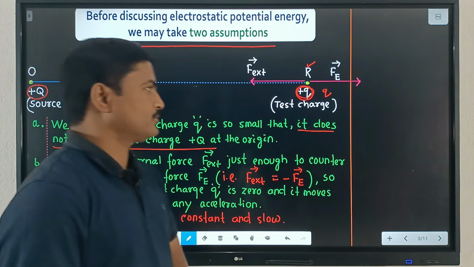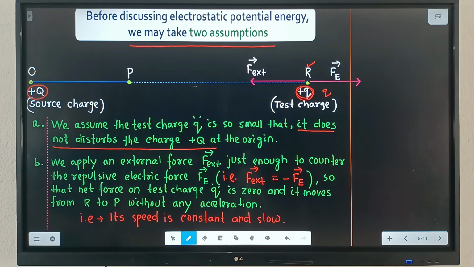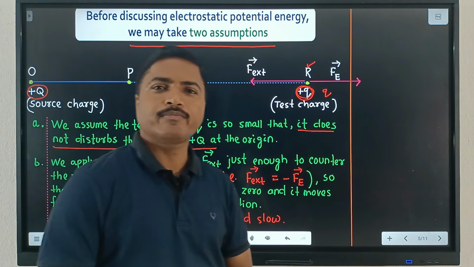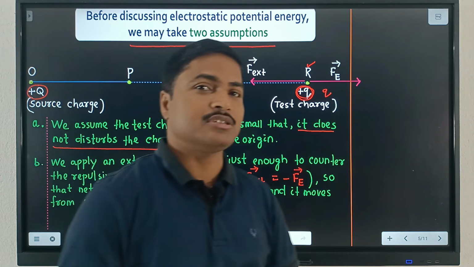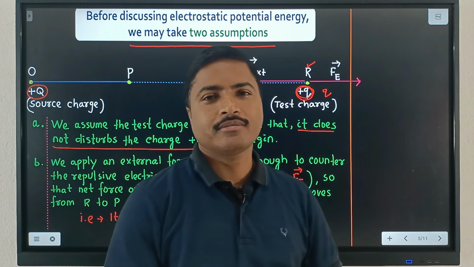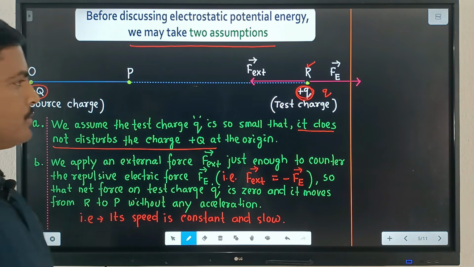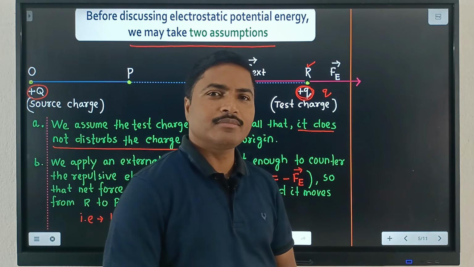Second assumption. Suppose initially the test charge is placed at point R. R is the initial position. Then what happens? Source charge that is positive, test charge that is also positive.